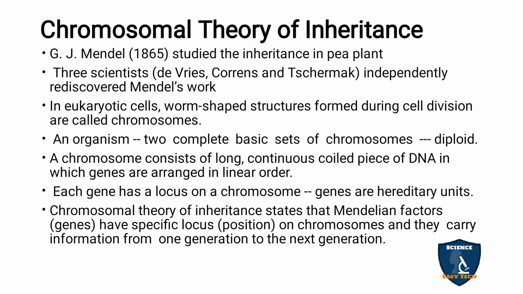Chromosomal theory of inheritance. Gregor Johann Mendel can be called G.J. Mendel. In 1865 he gave a famous work, inheritance in the pea plant.